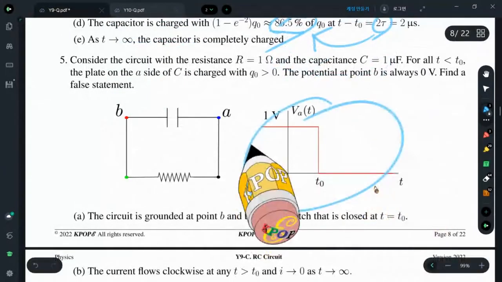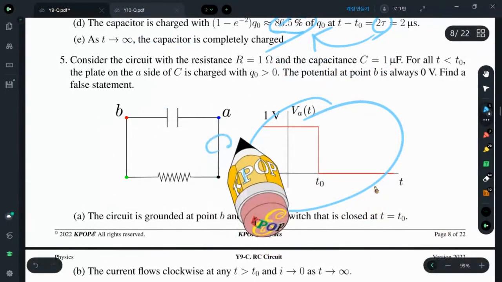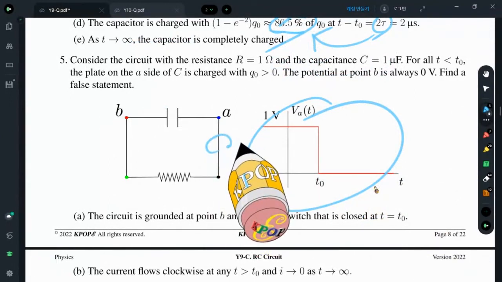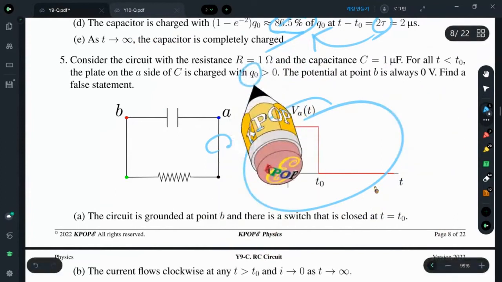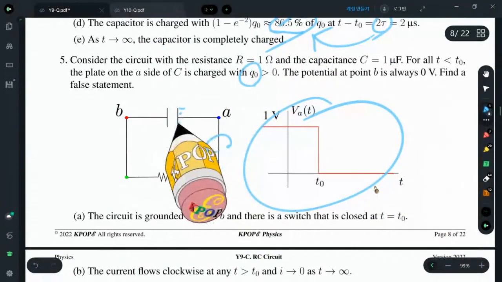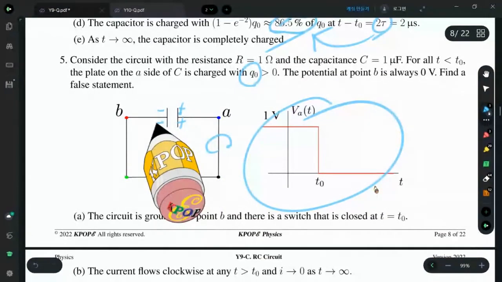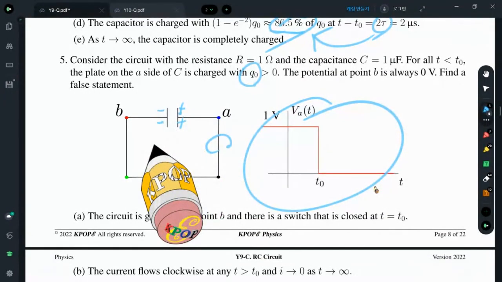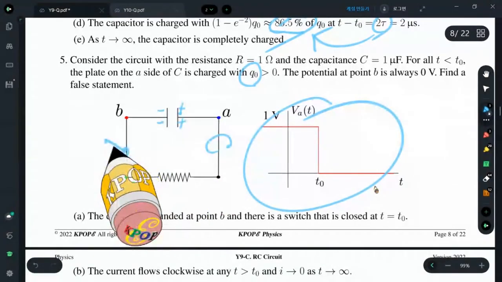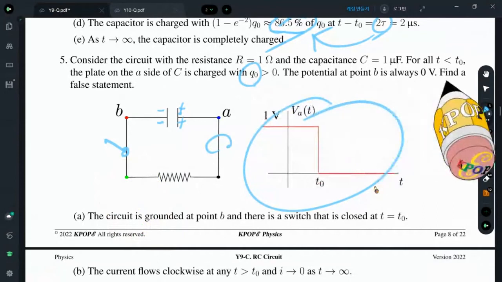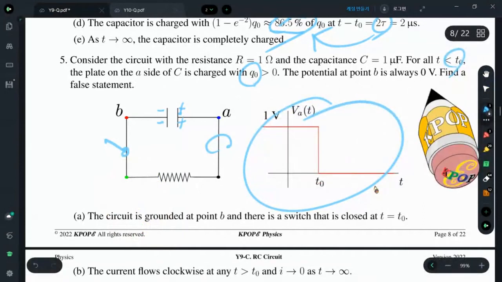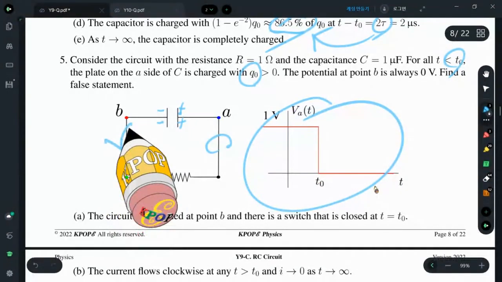Next, this is discharge. There is no battery because you have filled it with Q. So we have plus Q and we have minus Q. What happens? The switch was open, and at t equals t0, it is suddenly closed. Then what happens next?